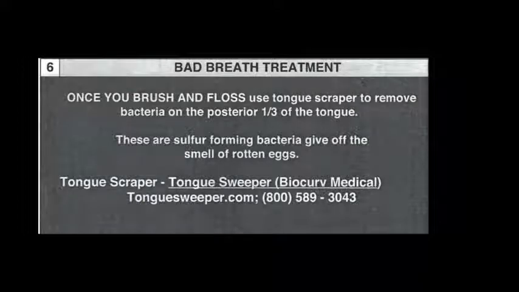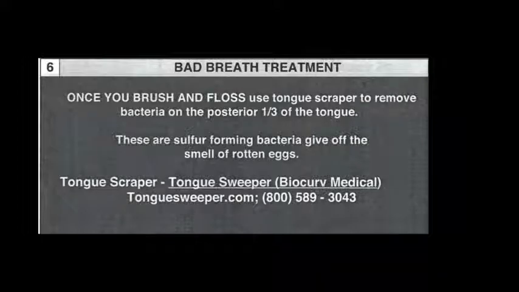The final thing on the treatment planning sheet is how to treat bad breath. Dr. Gordon Christensen, who has published several articles on this in the American Dental Journal, has found that this is the third leading thing that patients are concerned with behind periodontal disease and caries. So let's outline how you should deal with this with the patient.